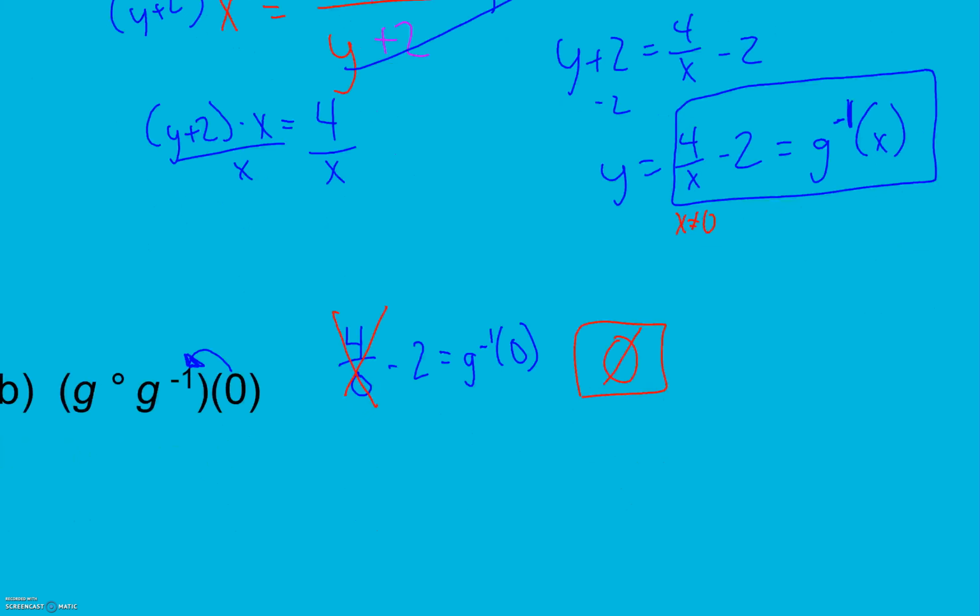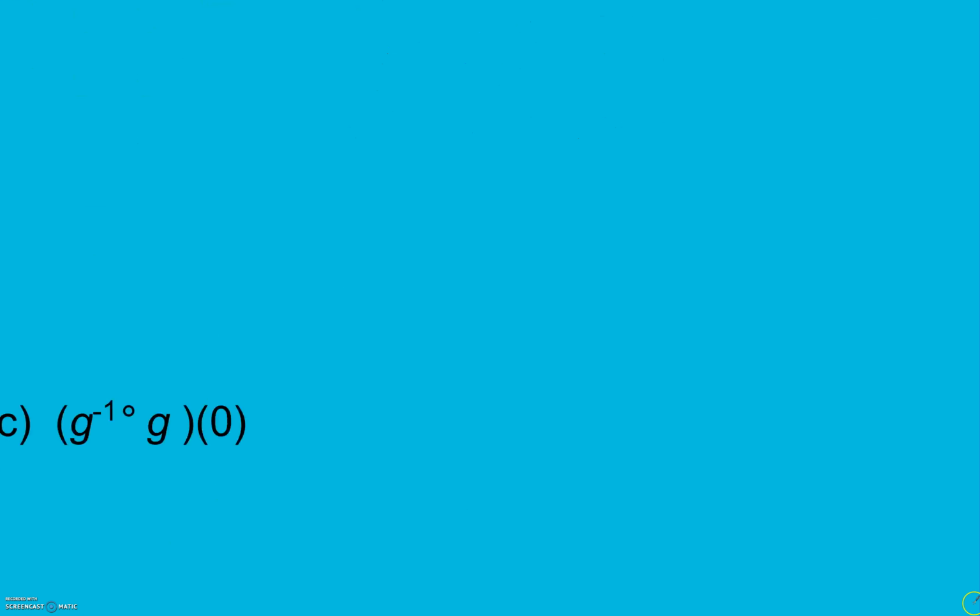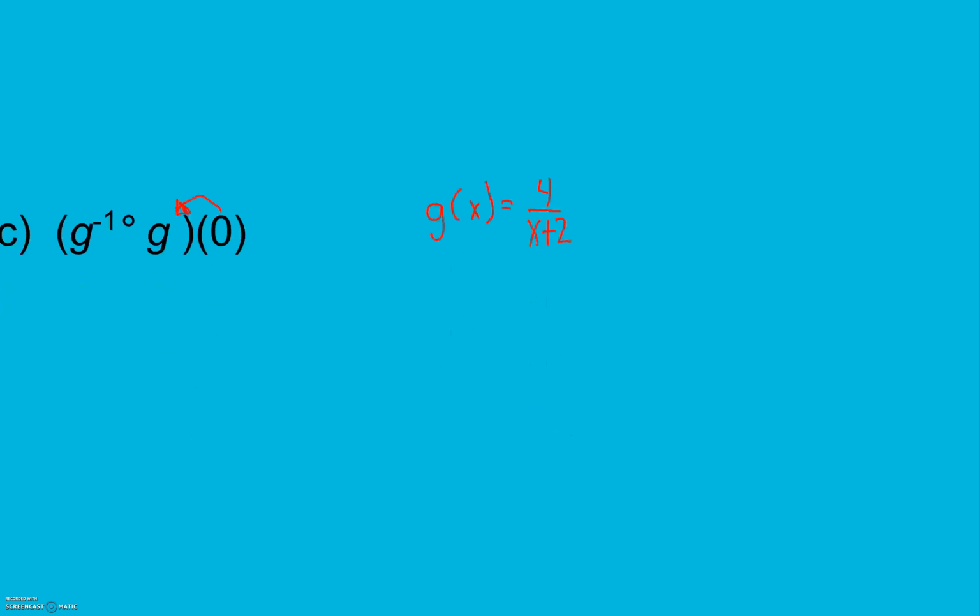Now, for c, I'm going to plug 0 into my function. And again, my function for g was this. So when I plug 0 in for g, I get 4 over 2, or 2. And that 2, I plug into my inverse.